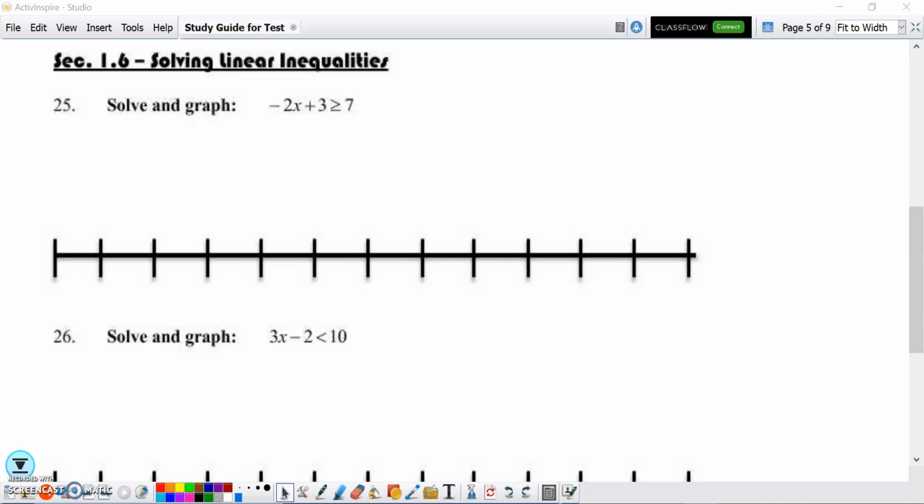All right, ladies and gentlemen, let's go over section 1.6, solving linear inequalities. All right, so number 25, we're going to solve for x. So we're going to take away 3.